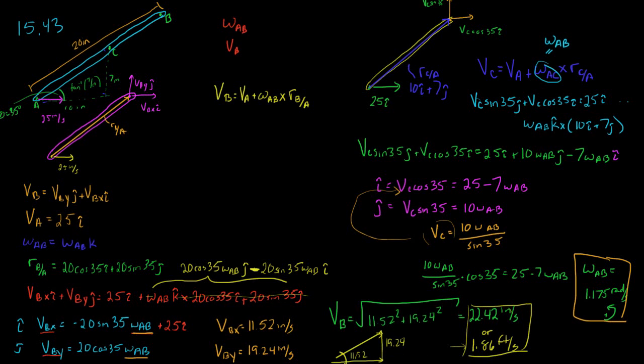Well, like we've done a bunch of times, this angle is the inverse tangent of this 19.24 over 11.52, and we get this angle theta is equal to 59.1 degrees measured from the horizontal this way.